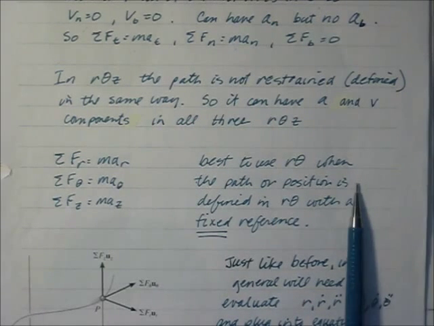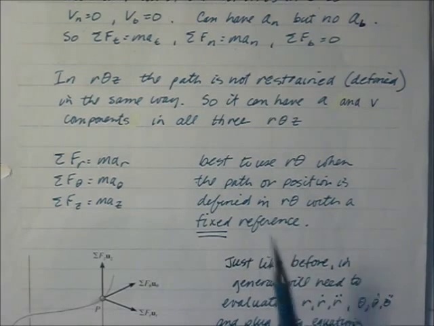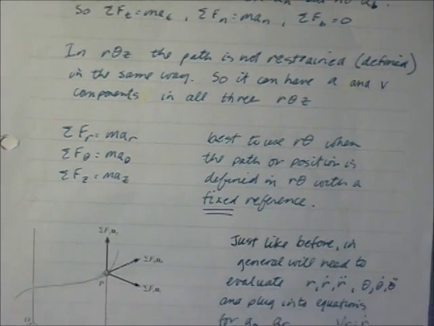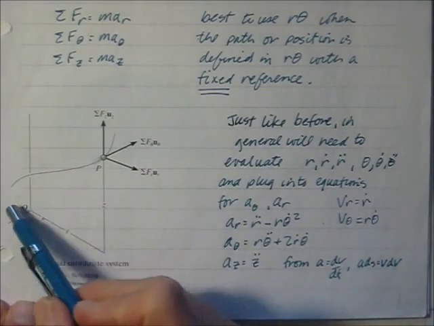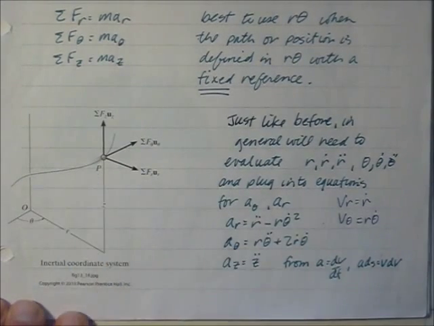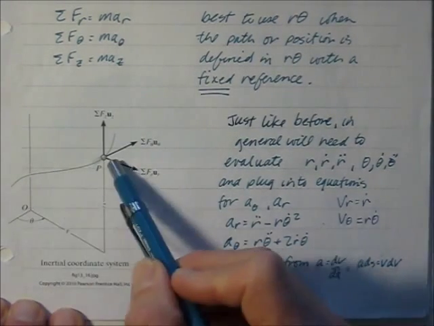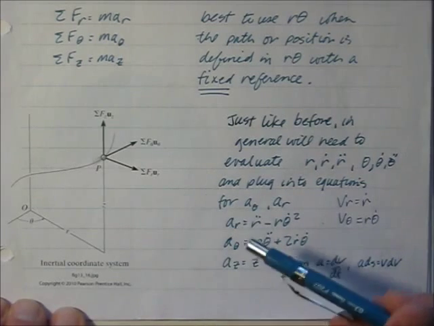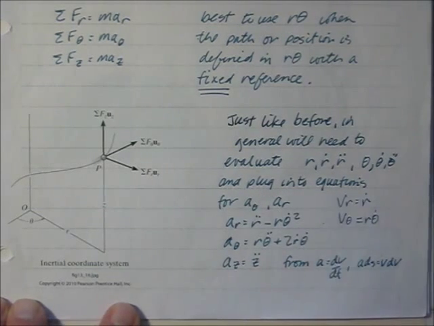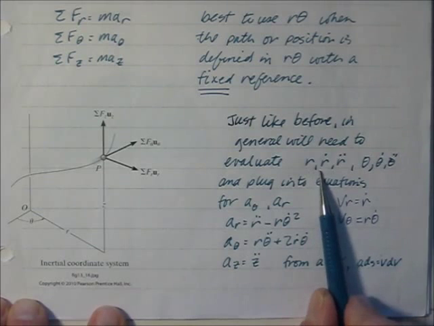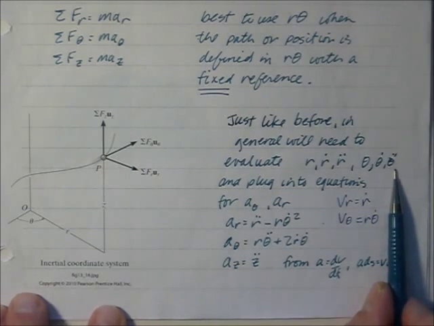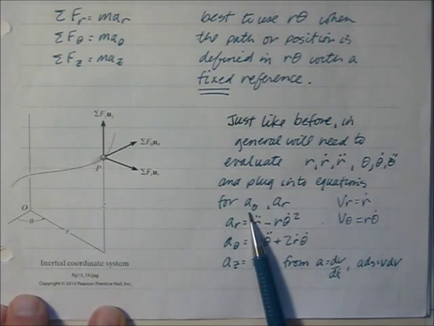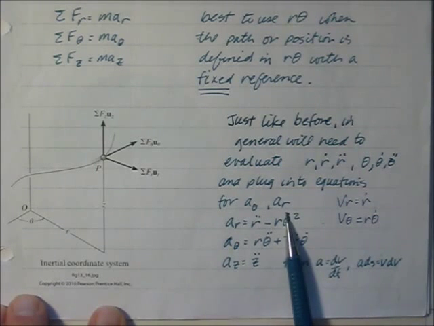We'll find that it's best to use the R-theta approach when the path or position is defined in R-theta, and we'll talk a little bit more about that. Okay, back just to chapter 12 a little bit. If we have a path that is in three-dimensional space, we have an R and a theta and a Z perpendicular to that path. Just like before, we'll need to evaluate R, R dot, R double dot, theta, theta dot, and theta double dot, and then plug them into the equations for acceleration in the theta direction and acceleration in the R direction.